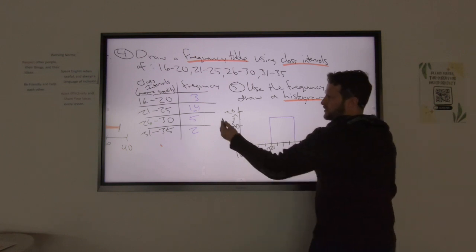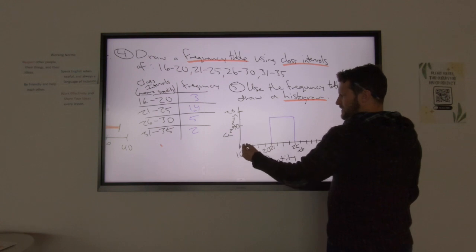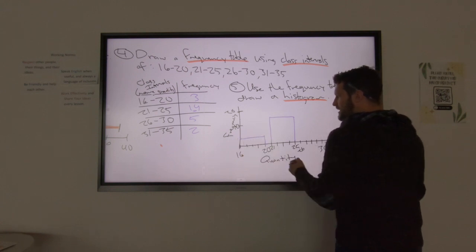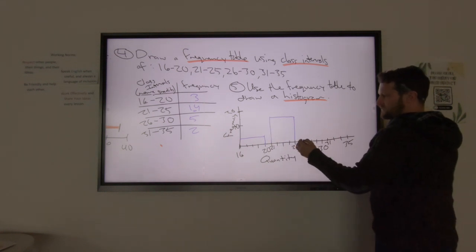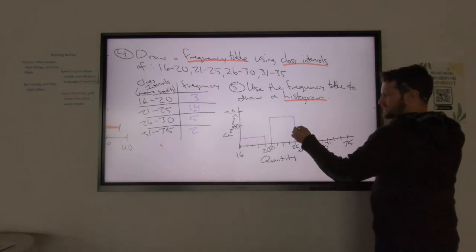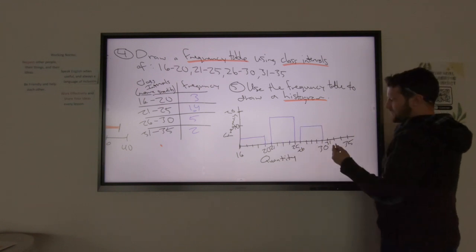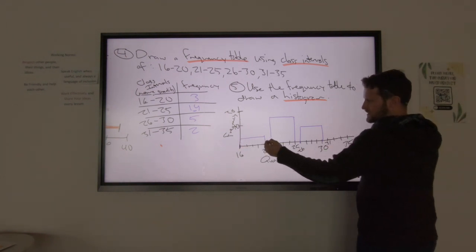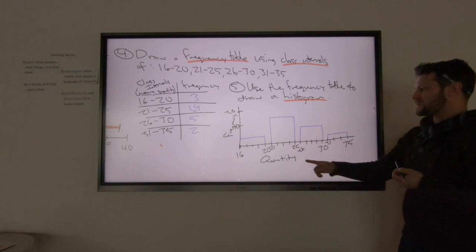Then, I'll just keep purple. 3 for 16 to 20. So if that's 10, 3's like there maybe. 16 to 20, 21 to 25, 26 to 30, there was 5. So 5 is like there. 26 to 30. And then 31 to 35 is 2. So that was 3, so 2 is the lowest. Cool, so this is our histogram.